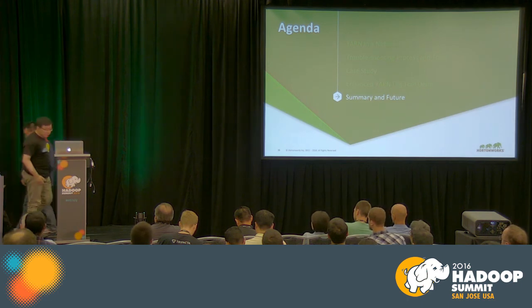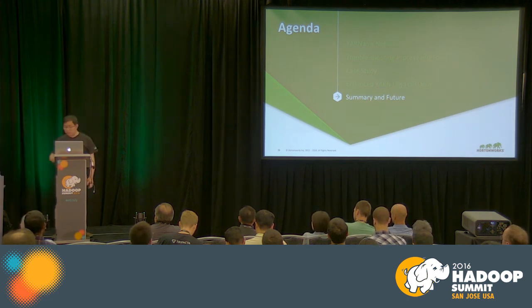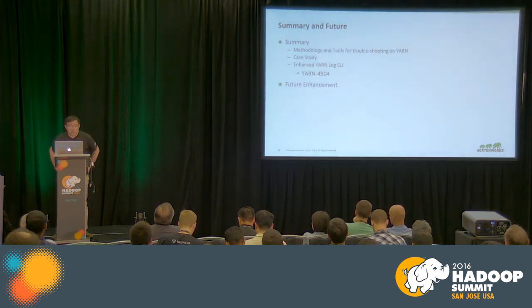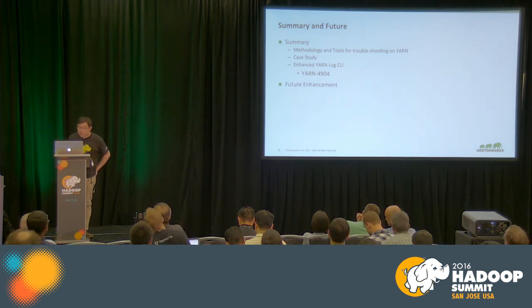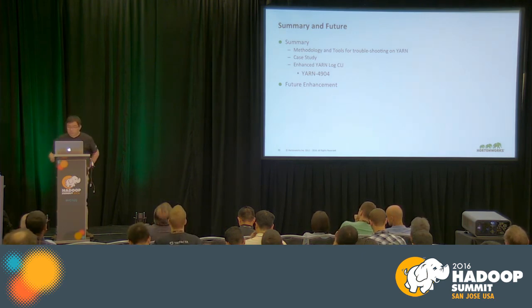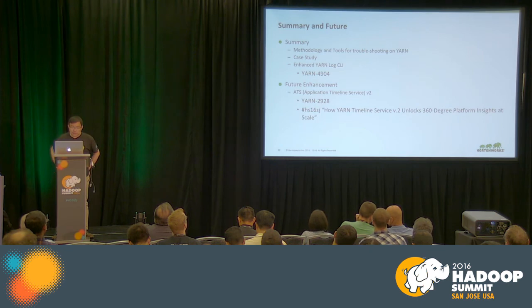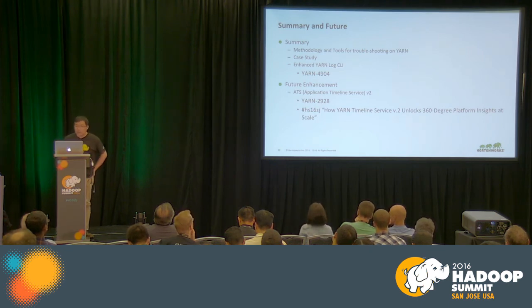Yes, thanks, Xuan, for the demo. That demo is actually very useful and practical. So that's all we have for YARN troubleshooting today. But in the future, there will be more interesting tools to join. First is Application Timeline Service V2, umbrella Jira YARN-2928.